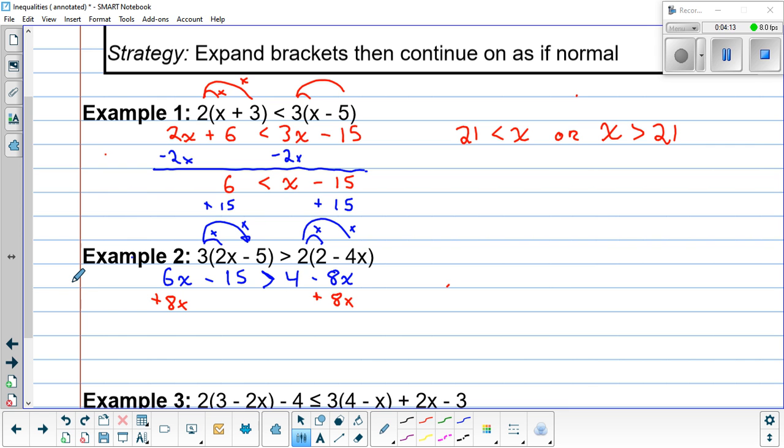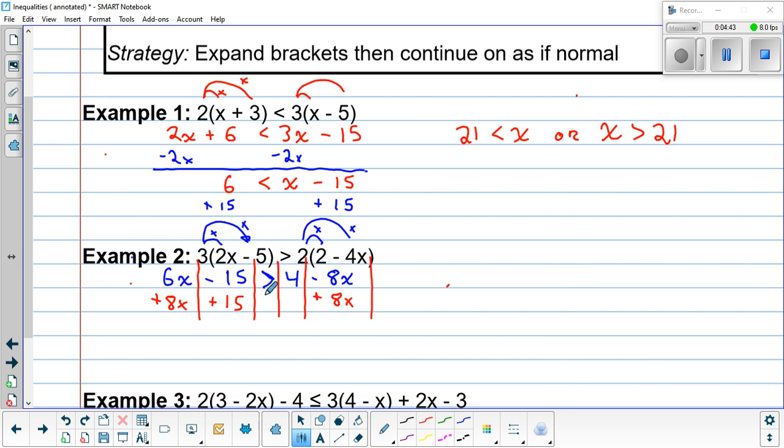So I kind of said in the last example and then stopped myself that I was going to show you a little trick to how to do this all together. Because in the end, I've mentioned before, we are really just looking at a column at a time, right? So we're looking at all these different columns and then just working them down one at a time as kind of an equals. So here we have negative 15, but we want to move it over to the other side, so we have to add 15 here.